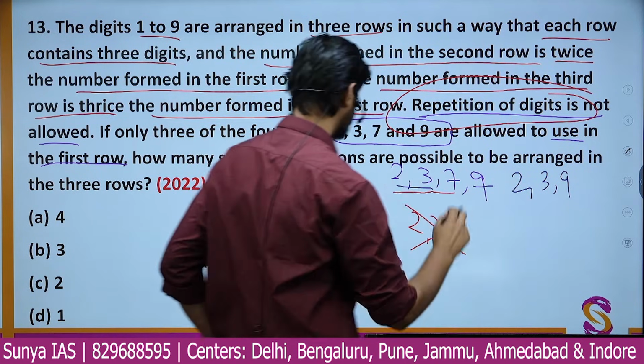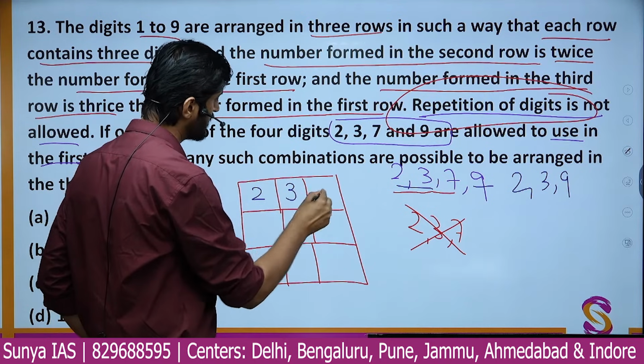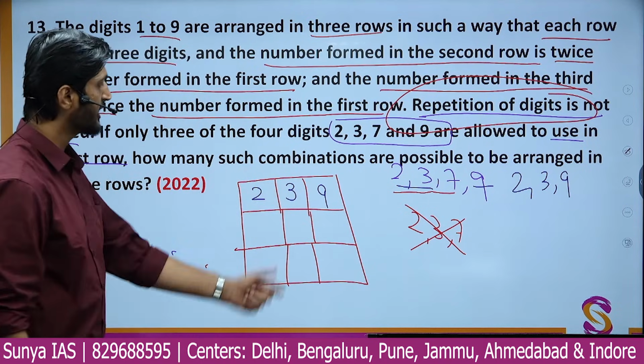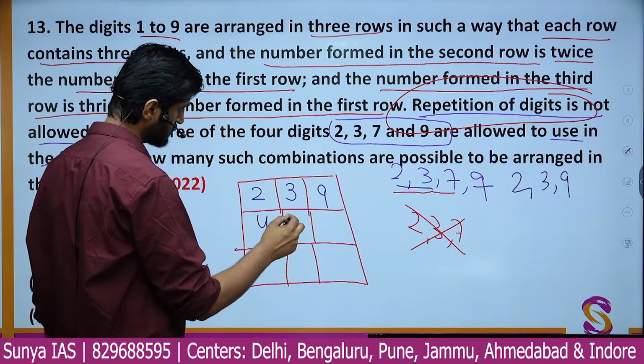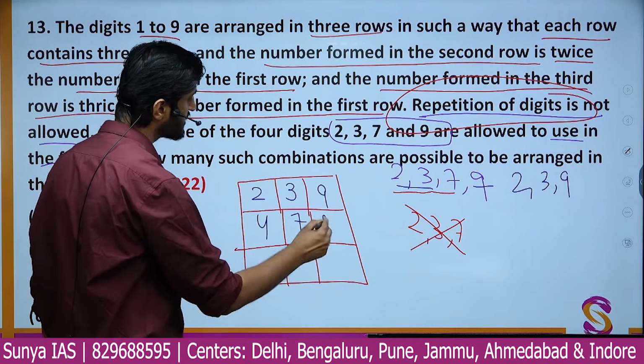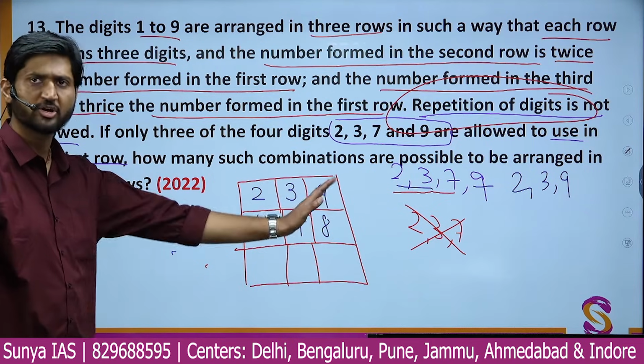When we multiply the digits by 2, we get 478. Now you can see something is good, no digit is being repeated.